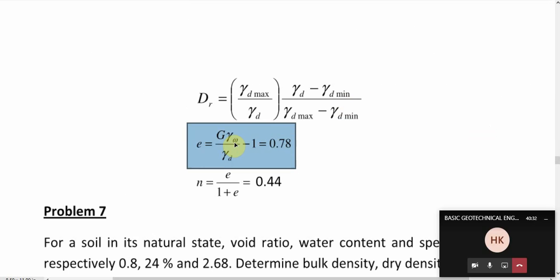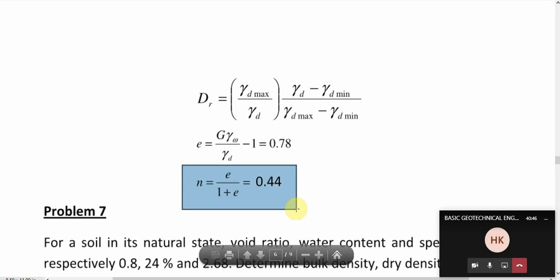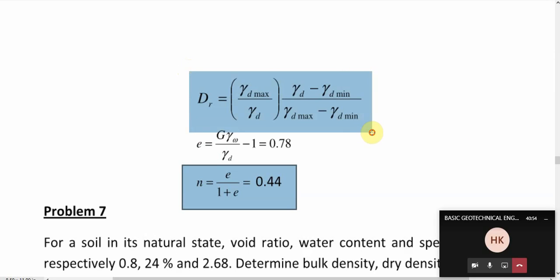Its value is 9.81, and gamma D is calculated using this equation. So substitute all the values, you will get the value of E as 0.78. Next, substitute this value of E in this expression. N is equal to E divided by 1 plus E. You will get the value of N, porosity. Try to do this simplification on your own.